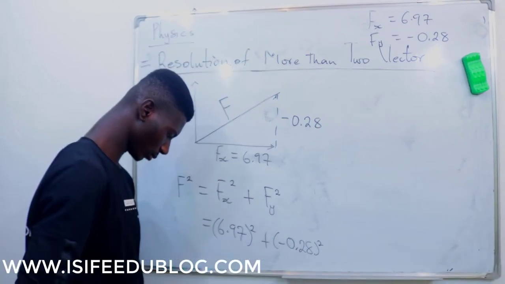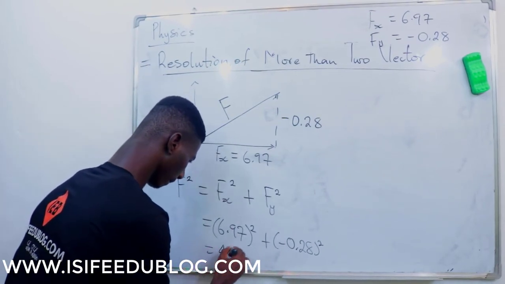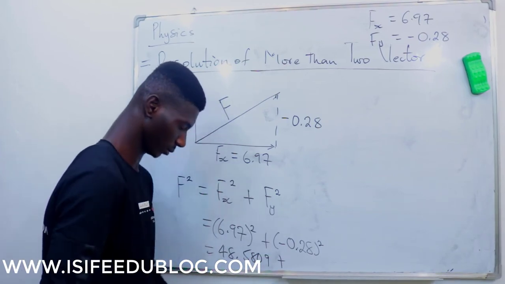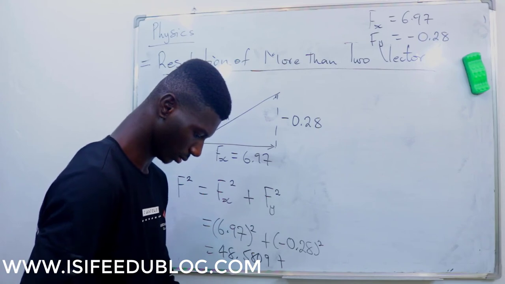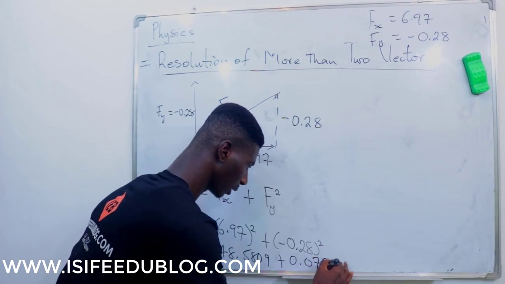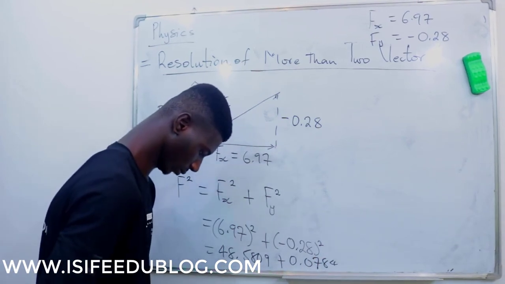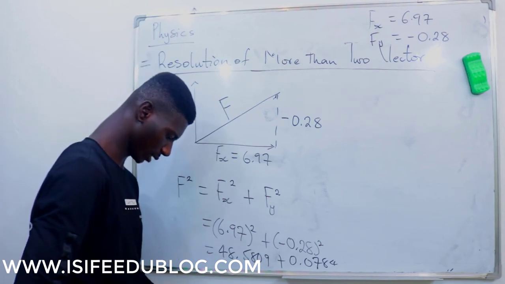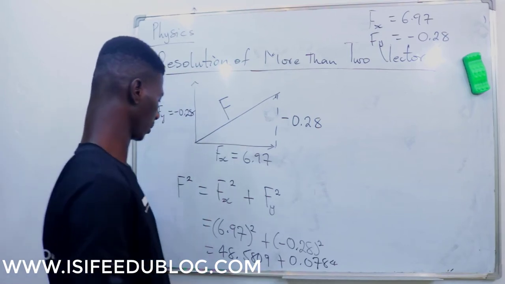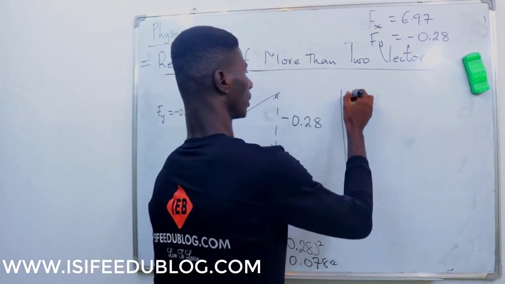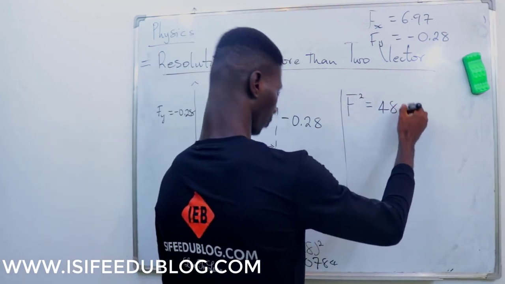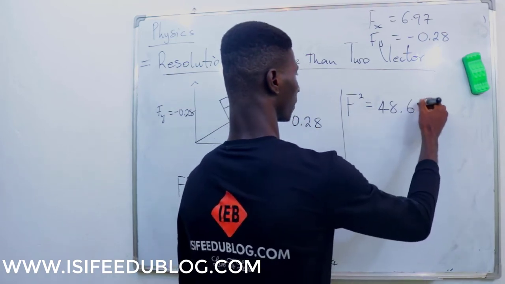So we have 6.97 squared will give us 48.5809 plus 0.28 squared, and that will give us 0.0784. If you sum these two, our total becomes 48.6593.